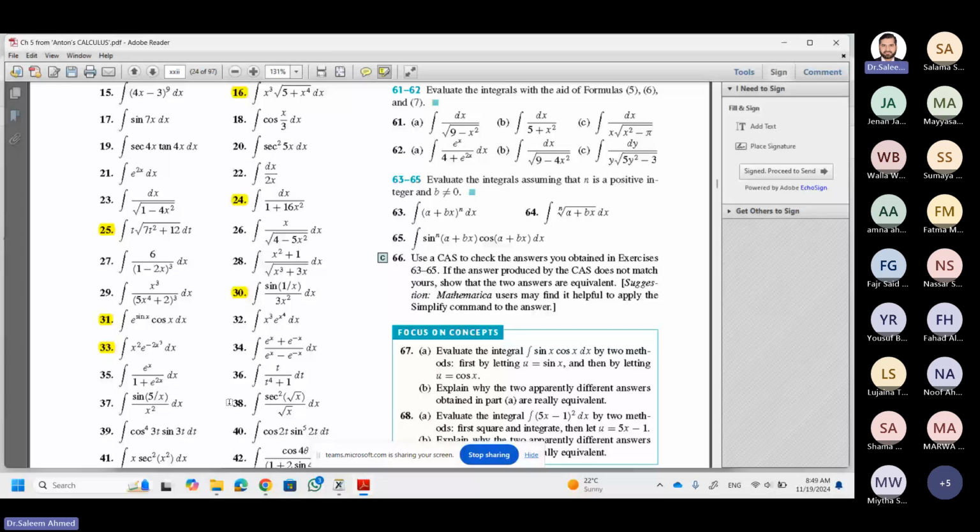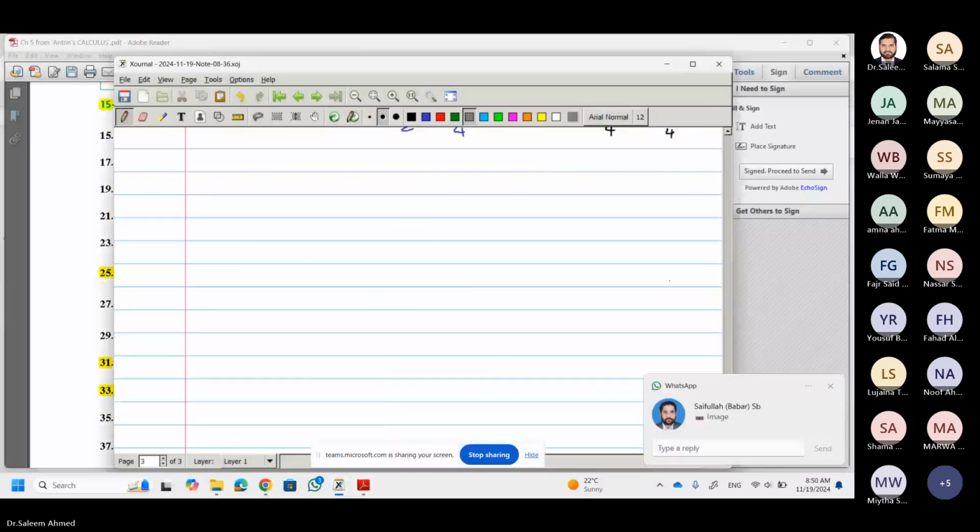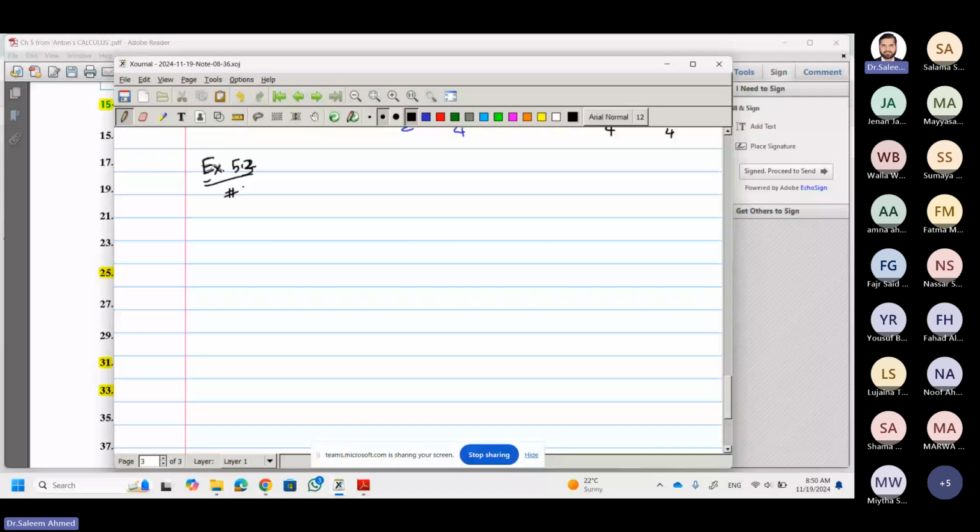So let's say I do the 16th problem, x cube times square root of 5 plus x4. This is exercise 5.3, exercise number 16. So this was the integral of x cube into square root of 5 plus x4 dx.